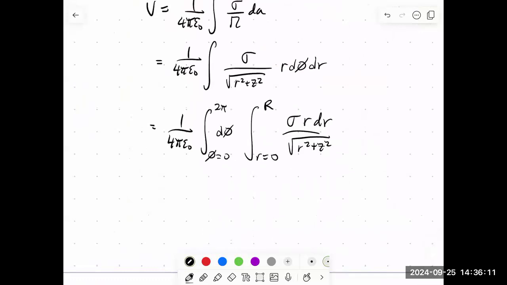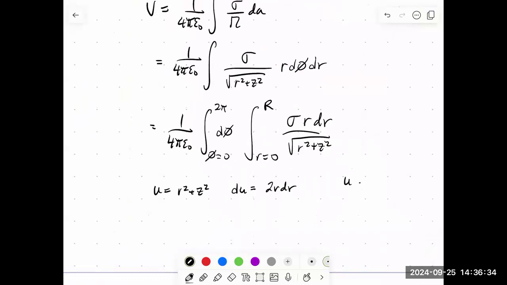Okay, so let's do this calculation in full. This is not a hard integral to do. What we could do is a substitution. u is r squared plus z squared, so that du is going to be 2r dr. z is a constant. The point P is just a fixed distance away from our disk.